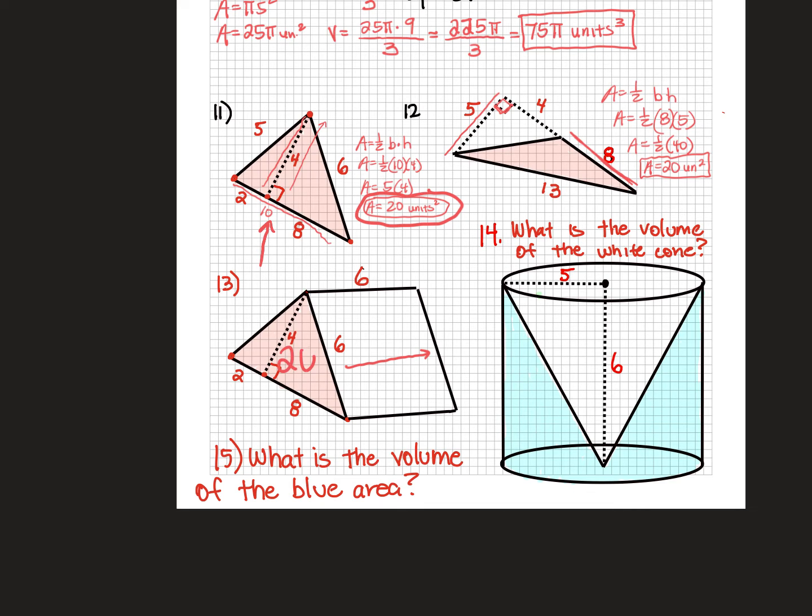So this whole triangle was 20, and then we're stretching it 6 this way. So the volume equals 20 times 6. The volume equals 120 units cubed. So all we did was take the triangle from above it and make it 3D.